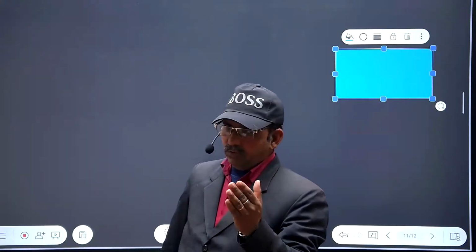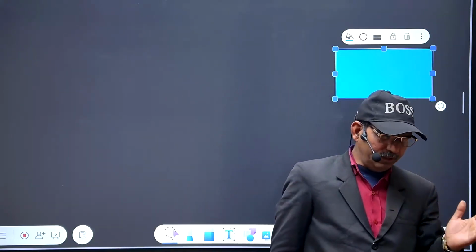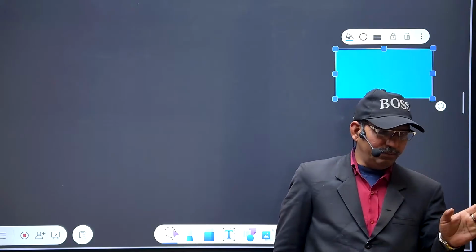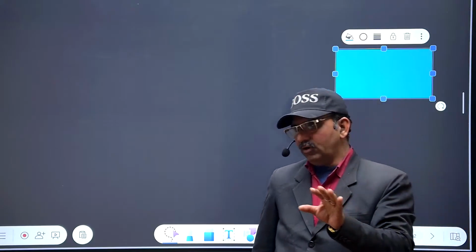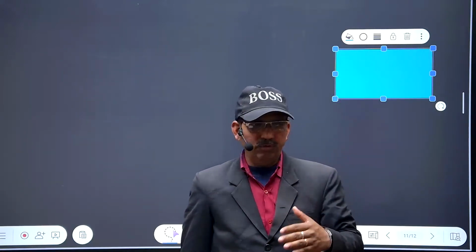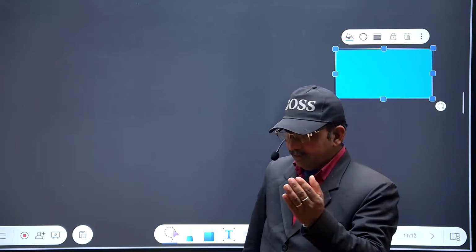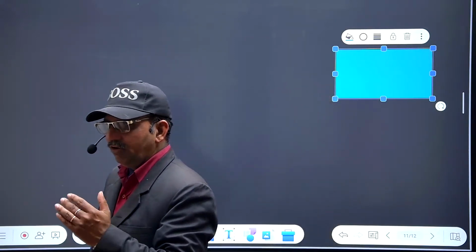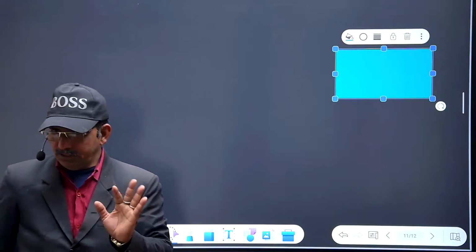You can find out length if perimeter and width are given. You can find out width if perimeter and length are given. Now we will find out the area, and how to find out the length if breadth is given.